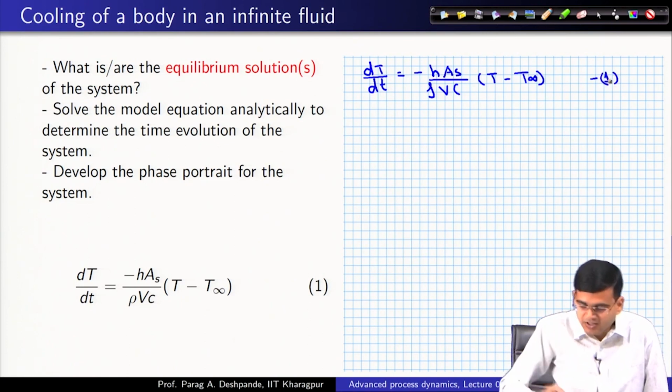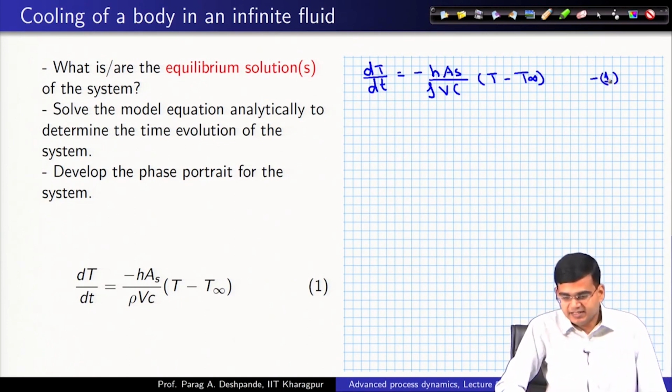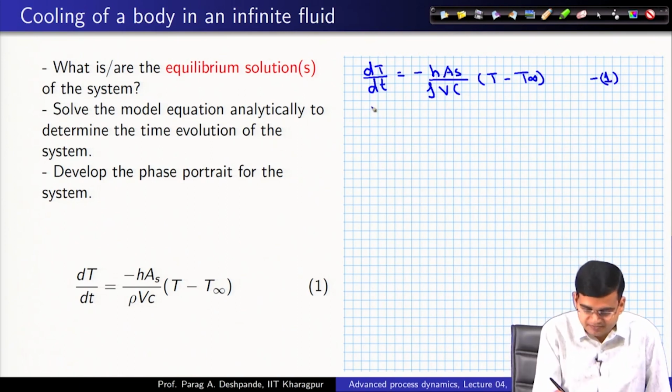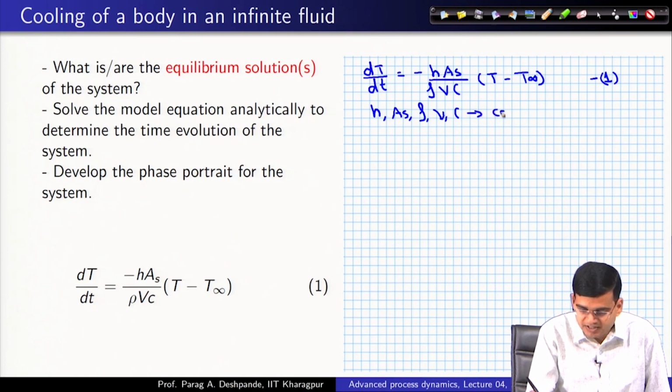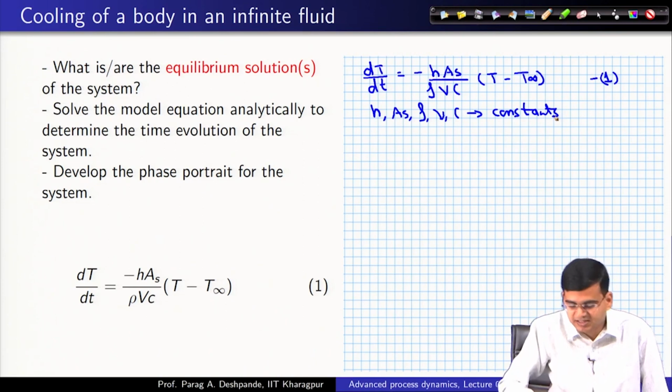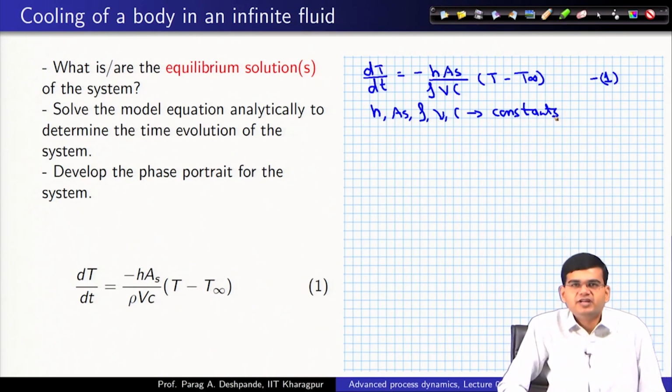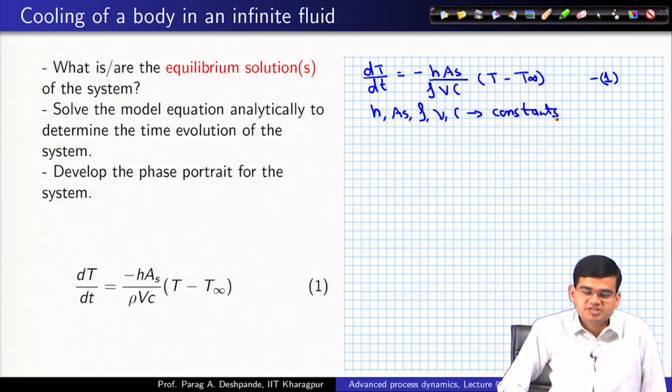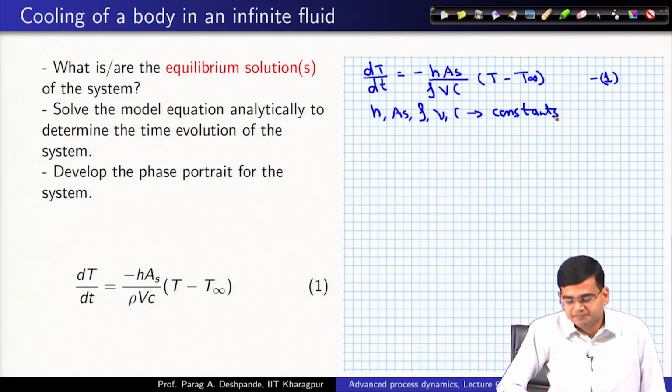Okay. Now, what I see is that under certain approximations, h, surface area of the body, rho, V, C, they all can be considered constants. I am saying that under certain approximations, because over a very wide range of temperatures the specific heat of the body may change and so on, and this is true for all of the properties which have been mentioned here.